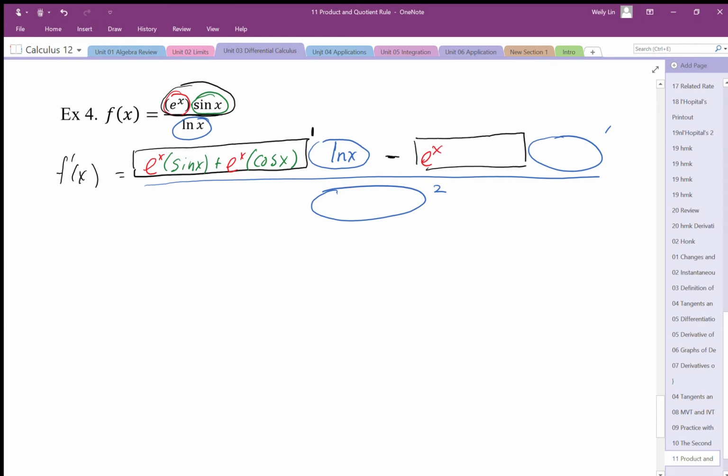So I'm going to have e to the x times sine x. Nothing's going on there. The derivative of the denominator is going to be 1 over x. And the denominator, we don't differentiate it, we're just going to square it. So it's going to be the denominator squared. I'll just take away that and it looks a little bit nicer like that. So there it is.